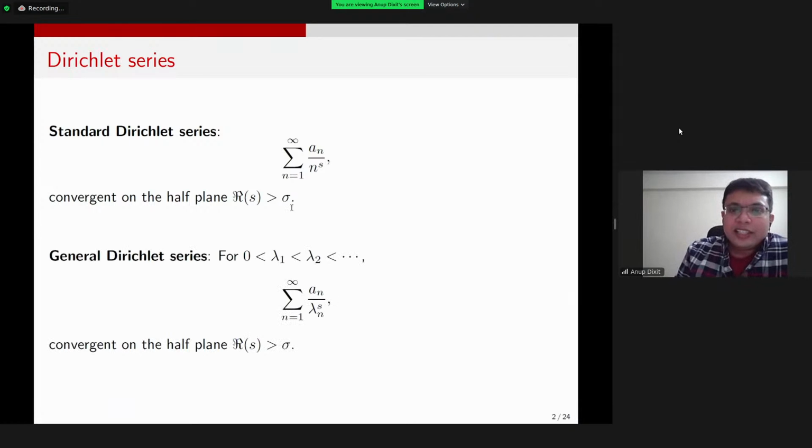And a general Dirichlet series is a series of this form, summation n going from 1 to infinity, a_n over lambda_n to the s, where lambda_1, lambda_2, and so on are strictly increasing positive real numbers. And this type of series is also convergent only on a half plane, real part of s greater than some sigma.